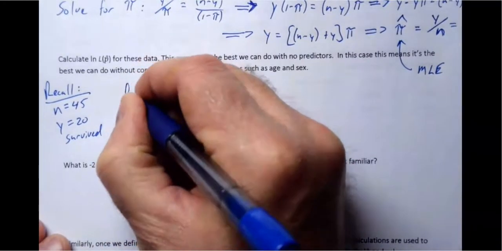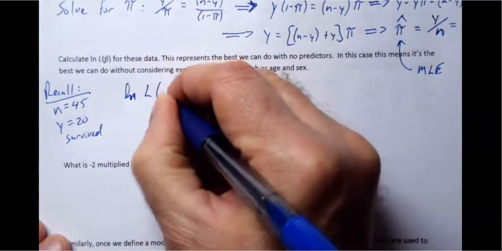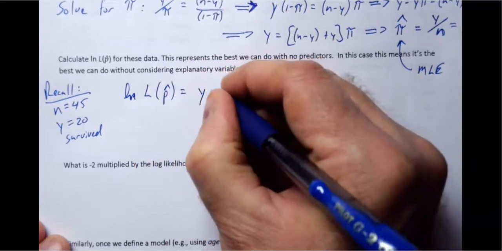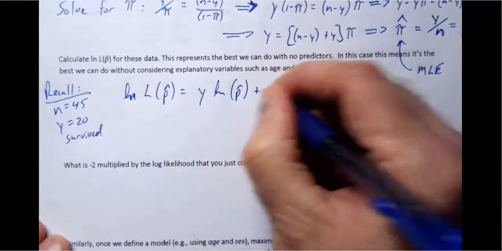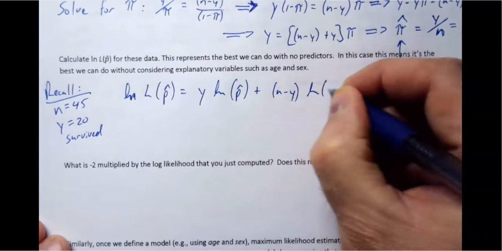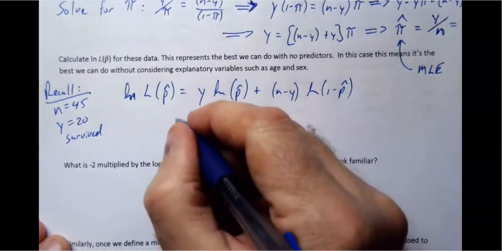So the log of L at p hat is y log p hat plus n minus y times log of 1 minus p hat. We can plug in the values that we have here.